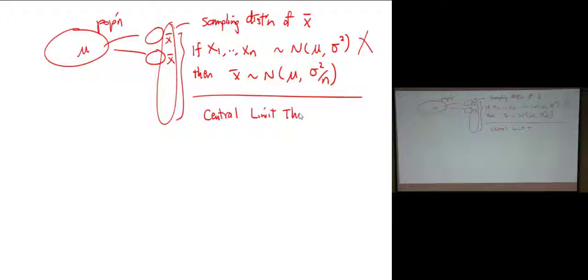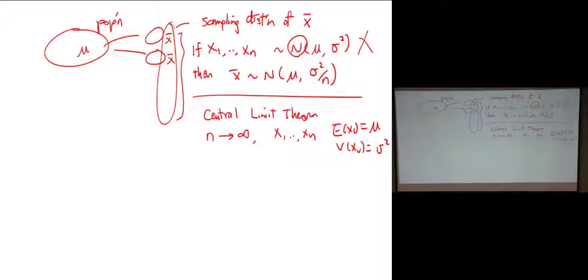it says that if your sample size is big, and you have a random sample, you don't need to know the distribution. What you need is the expectation of xi is equal to mu and the variance of xi equal to sigma square. In other words, all the xi are taken from a population with mean mu and variance sigma square.